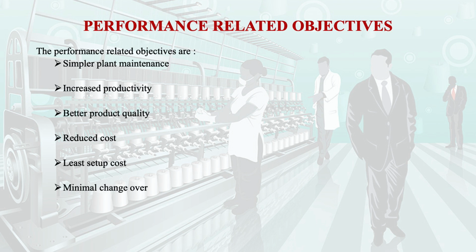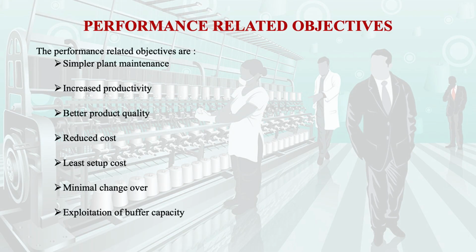Setup cost means, suppose we are working on one operation and now we want a second operation. We want to change the setup. So our workers or our facilities should be planned in such a way that the setup cost is minimized. Now, exploitation of buffer capacity.